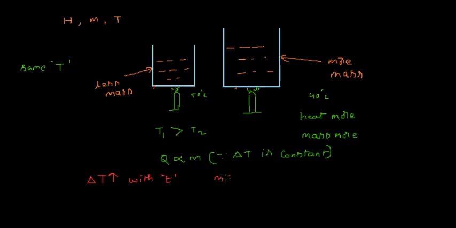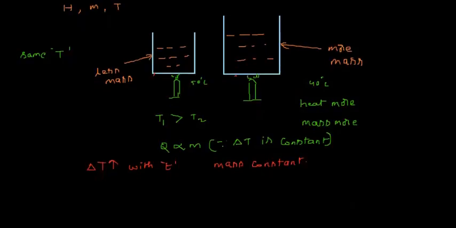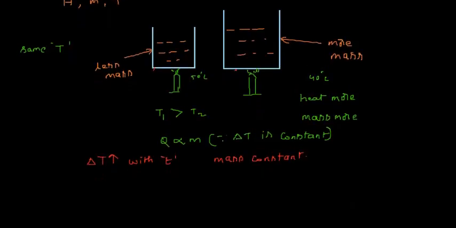The delta T increases constantly. The change in temperature rise is constant with time for a given mass of water or given mass of substance. So, Q is directly proportional to delta T when M is constant.